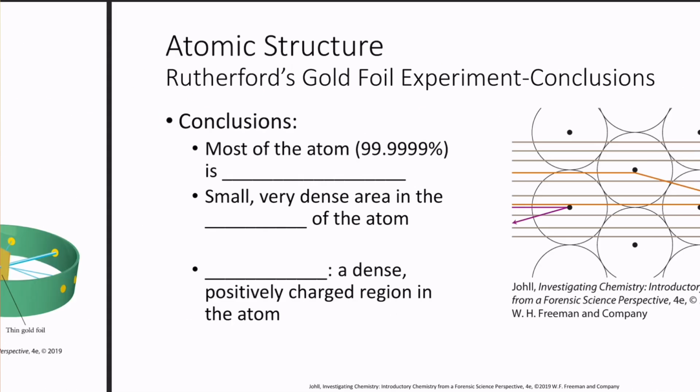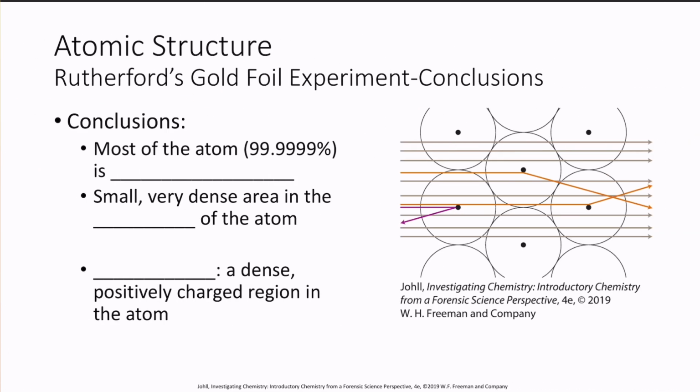So because of this, Rutherford concluded that most of the atom, around 99.99999%, is empty space, and that there was a small, very, very dense area in the center of the atom.